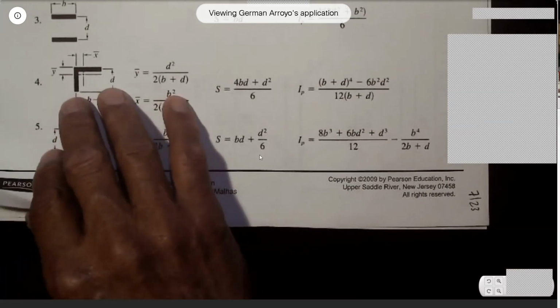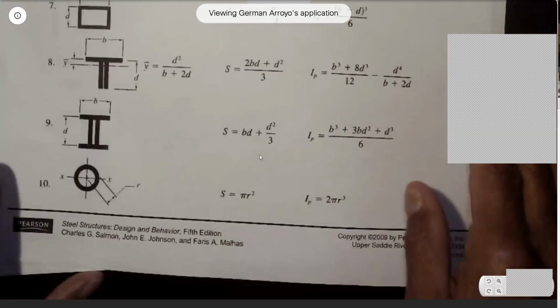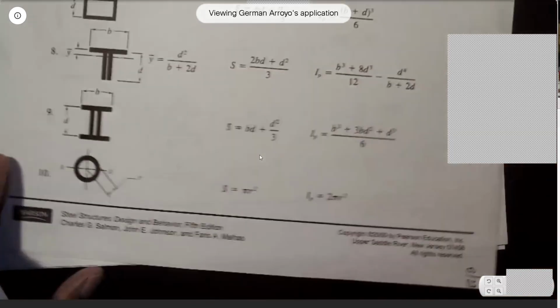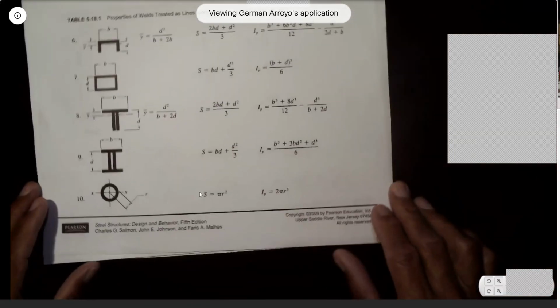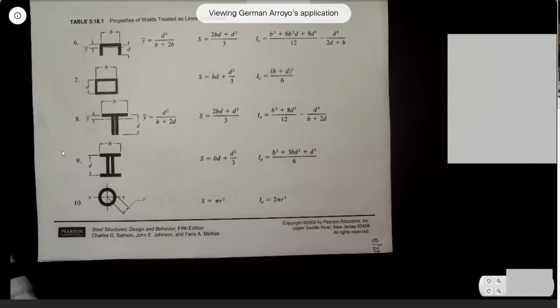On the next page, on page 8, we had typical cases. It helps you find the location of the centroid. You can see they have the location of y bar here, but they don't have the location of x bar because of obvious symmetry.